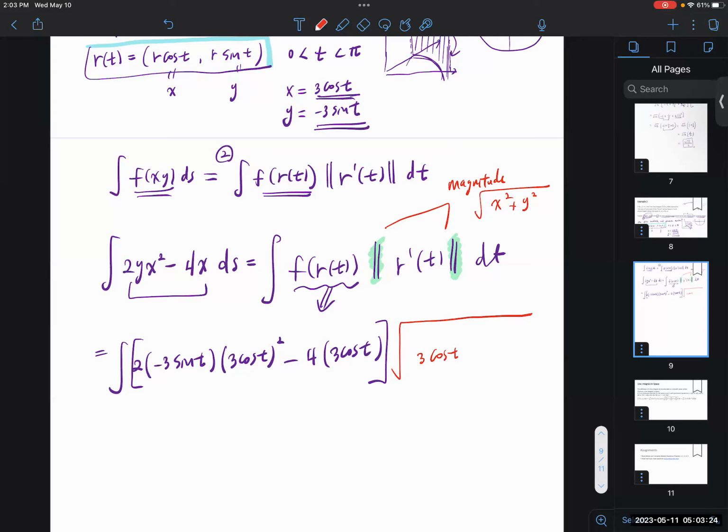You're gonna take the derivative, and then you're gonna take the second power. That's the step: take the derivative first and take the second power. So that's this part, magnitude.